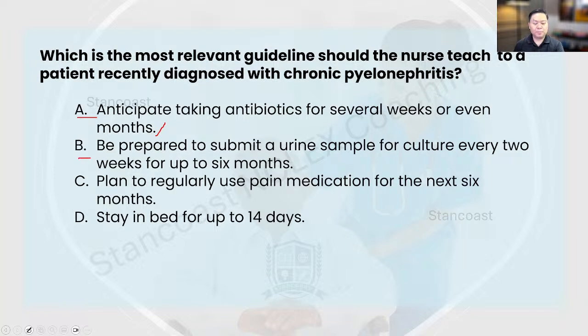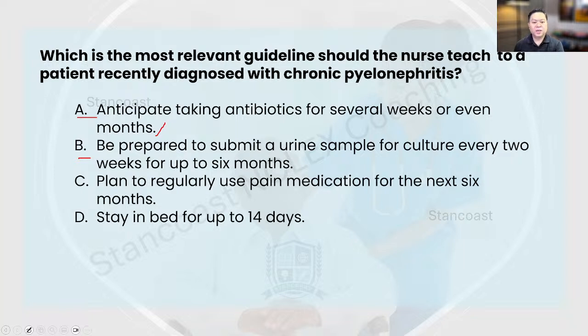What about B? Be prepared to submit a urine sample for culture every 2 weeks for up to 6 months. Kind of sounding so good, too good to be true here, but we did not mention having to do this very often, like every 2 weeks, up to 6 months. That is an overkill.